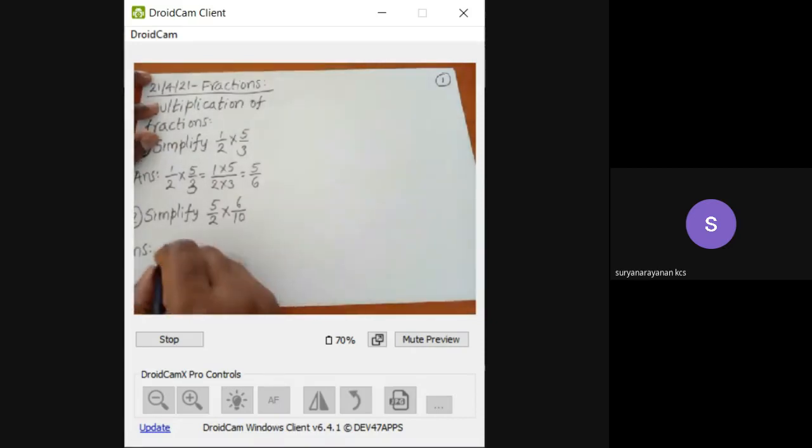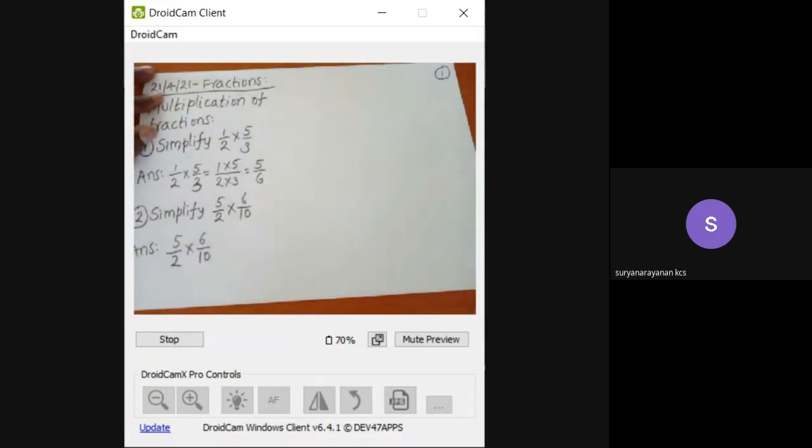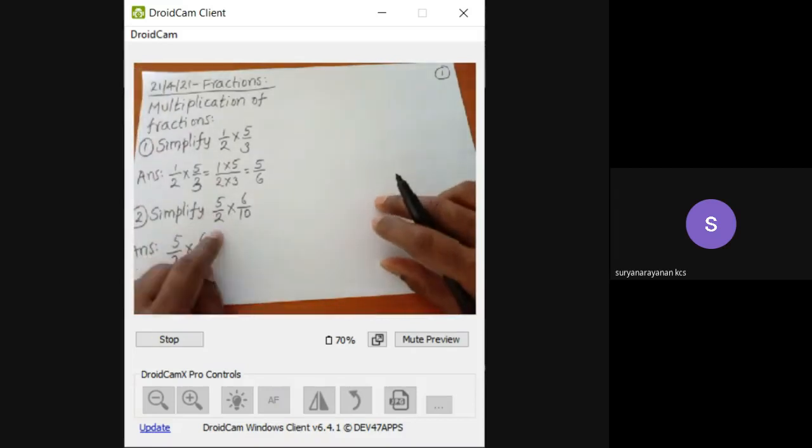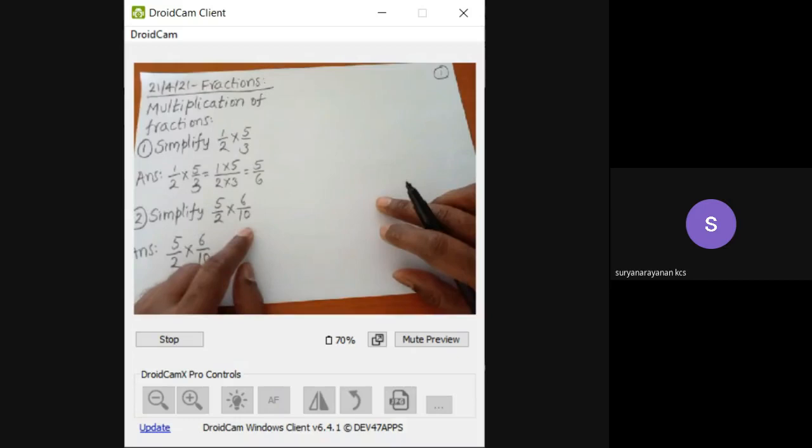Now come to this next question. 5 by 2 into 6 by 10. Here also we are multiplying two fractions, namely 5 by 2 is the first fraction and 6 by 10 is the second fraction. Now we are going to multiply these two fractions.